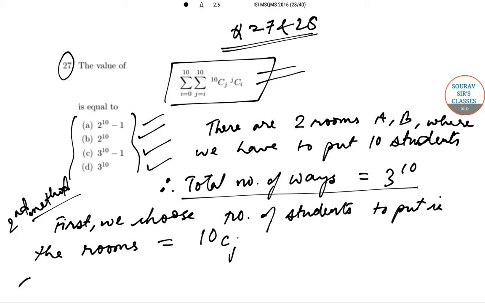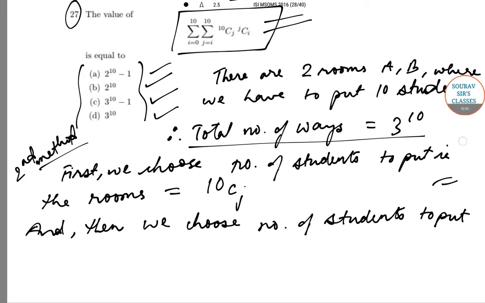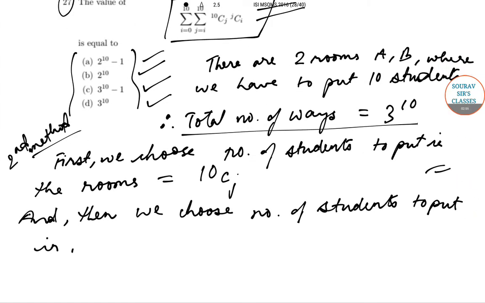And then we choose number of students to put, let me use the space below, to put in room A. That will be equal to JCi.